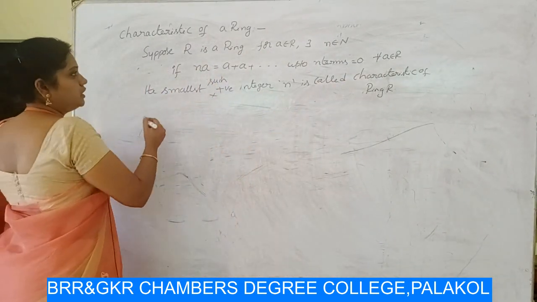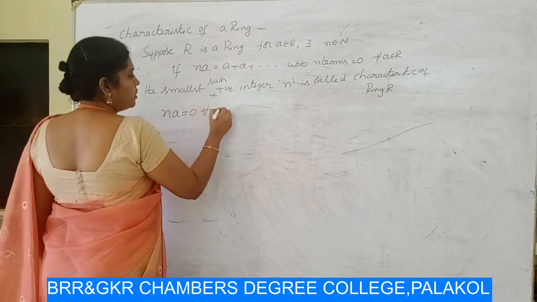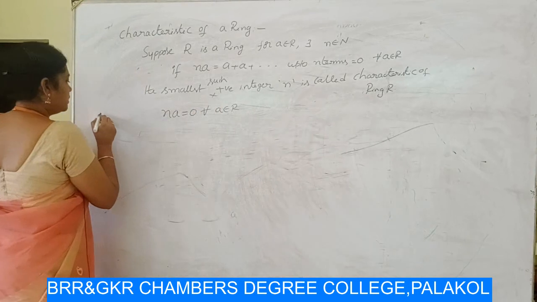Simply remember that na is equal to 0 for all a belongs to R.